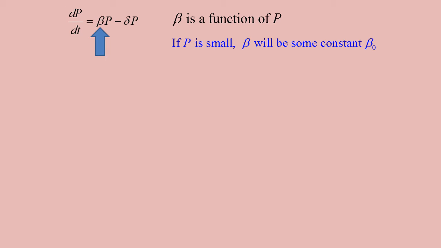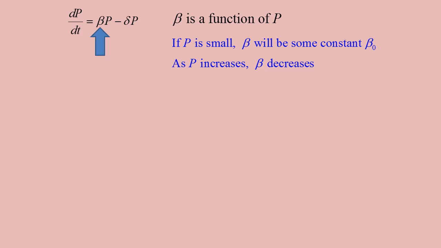Now similarly, we observe that the birth rate is also related to the population. However, these are sort of inversely related. If the population is small, the birth rate is going to be a constant birth rate. But as it gets larger, the birth rate decreases.